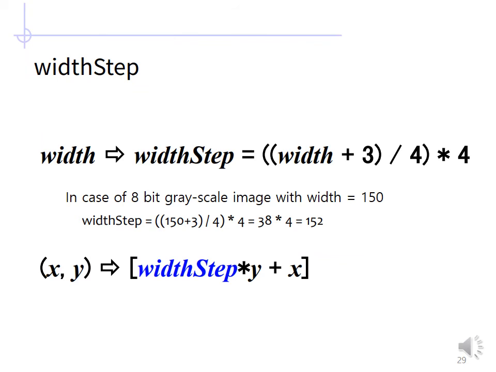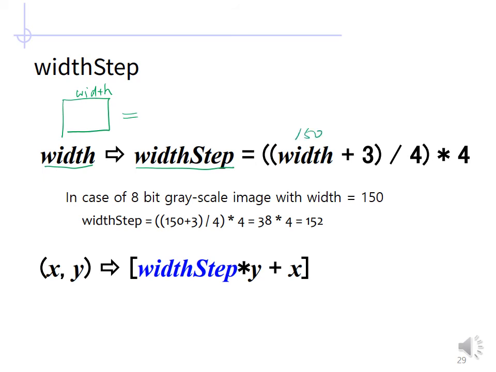So this is the equation that makes the width a multiple of 4. If the width is an arbitrary width of the image, then the width step is a multiple of 4. For example, in the previous example the width was 150.